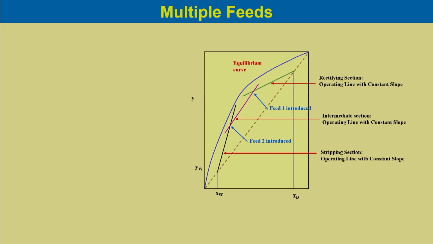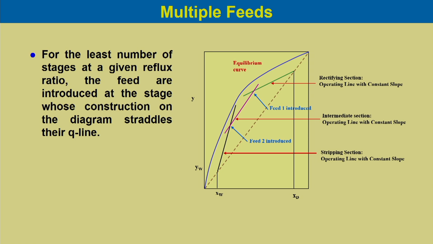Now, you can see for the least number of stages at a given reflux ratio, the feed is introduced at the stage whose construction on the diagram straddles the Q line. So, basically we have two different feeds.